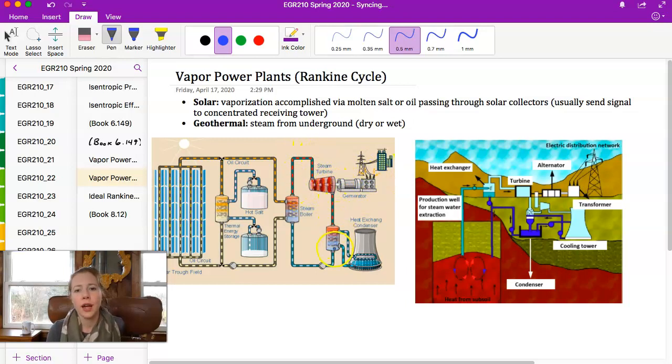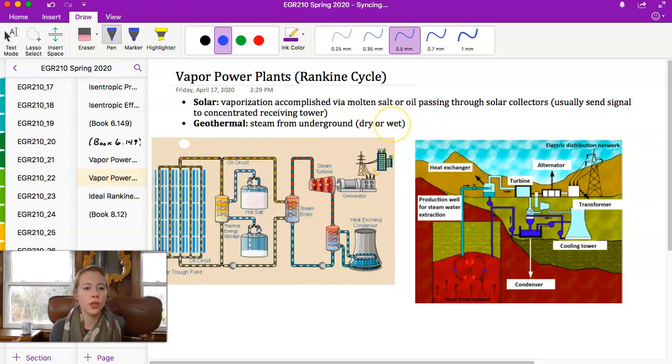Then we have water coming out that's cooled by going by the condenser and then pumped back around. And then lastly, we have geothermal steam from underground.